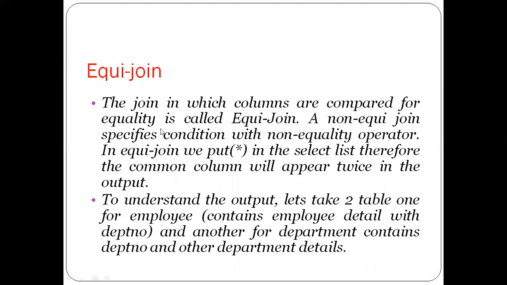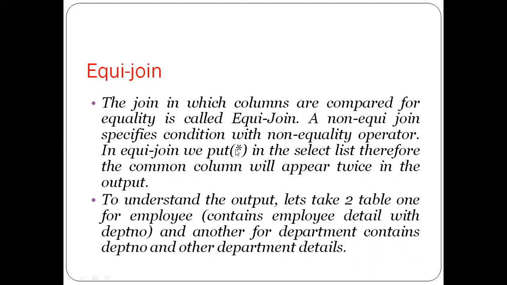So here equality is called equijoin, while non-equijoin specifies the condition with a non-equality operator. In an equijoin we put an asterisk, meaning all, in the select list. Therefore, the common columns will appear twice in the output.